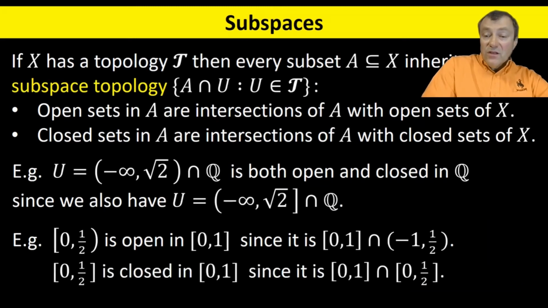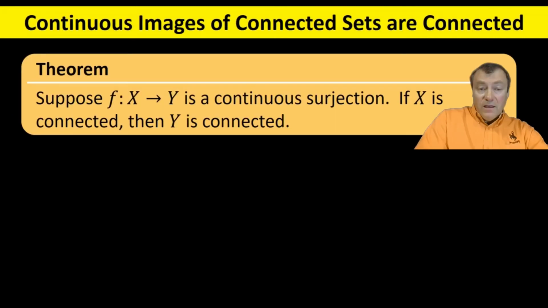The closed interval [0, 1/2] is closed both in the reals and in [0, 1]. Well, it's the intersection of [0, 1] with a closed interval of the reals.